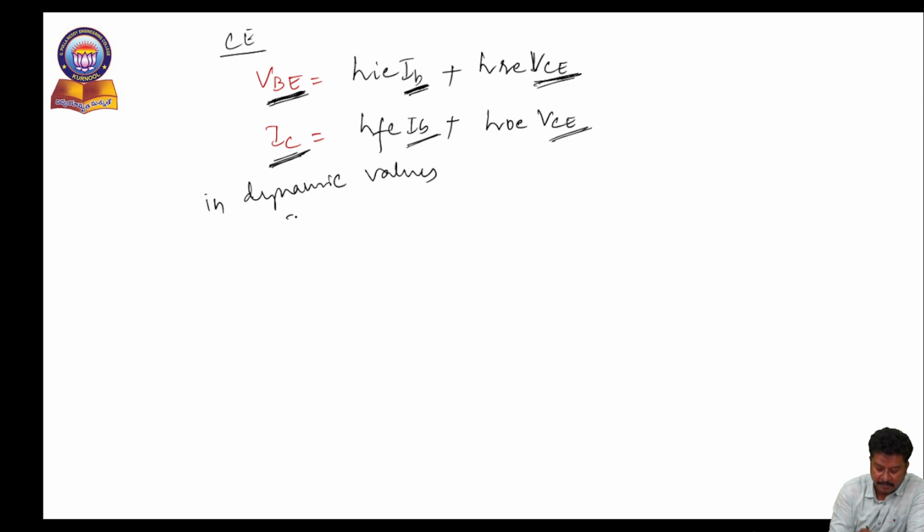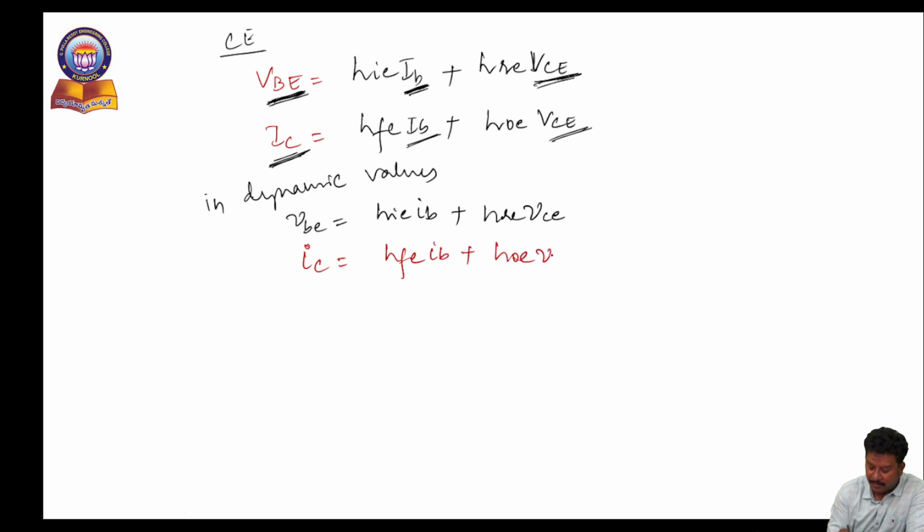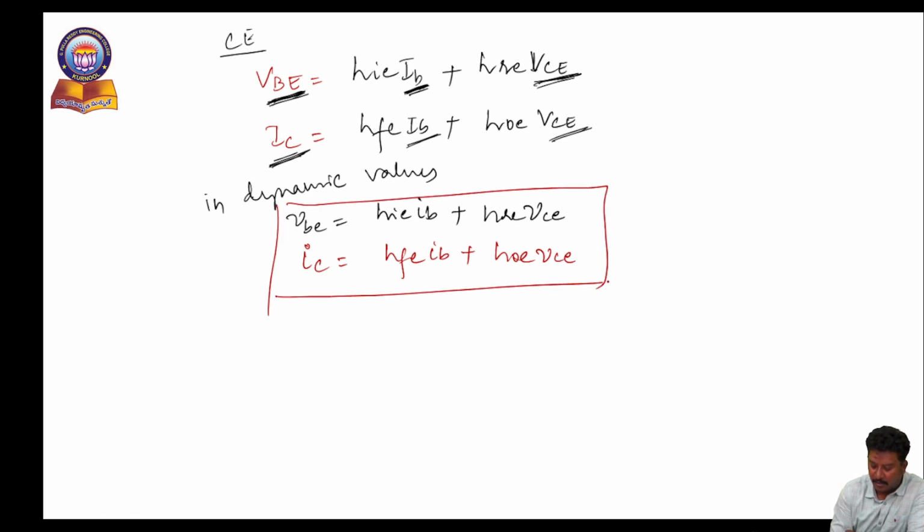So VBE is equal to HIE IB plus HRE VCE. Similarly, IC is equal to HFE IB plus HOE VCE. So this is the final H parameter model for a transistor.